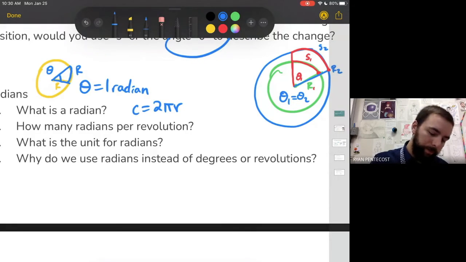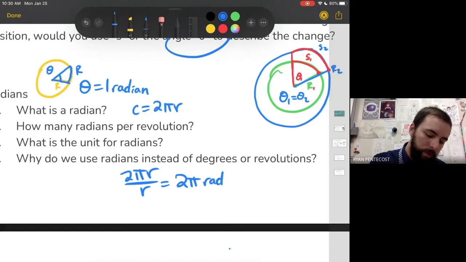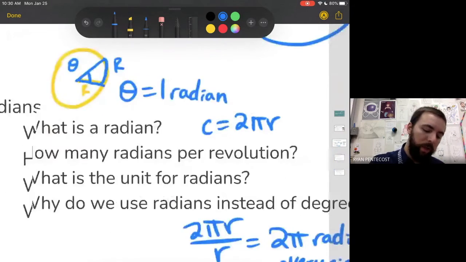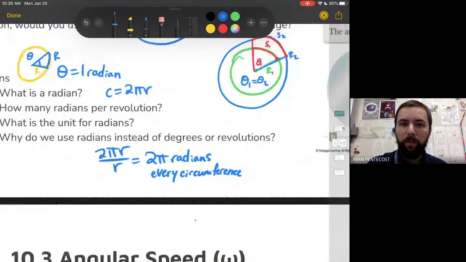So if you take 2 pi r and divide that by the radius, you get 2 pi radians in every circumference, because every circumference is 2 pi r. And if you divide that by the radius to see how many radians you could get, remember, radians rely on 1 radius along the circumference. You would get 2 pi radians for every circumference of every circle, regardless of the radius, because the radii cancel.